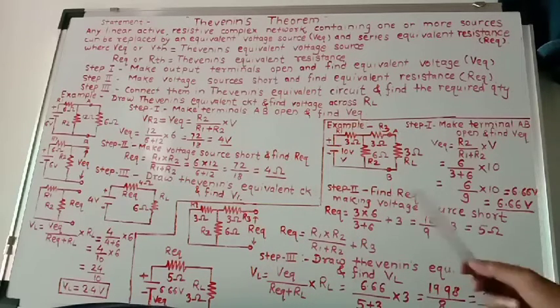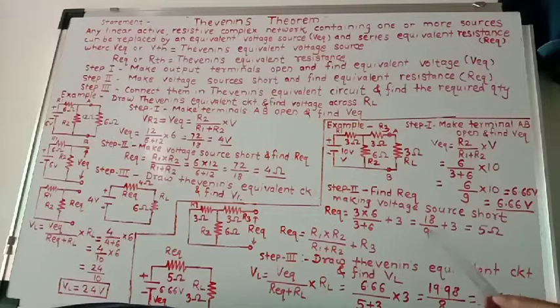So 18 divided by 9 plus 3. 18 divided by 9 is 2, and 2 plus 3 is 5. So R equivalent is 5 ohm, or RTH is equal to 5 ohm. It is Thevenin's equivalent resistance.